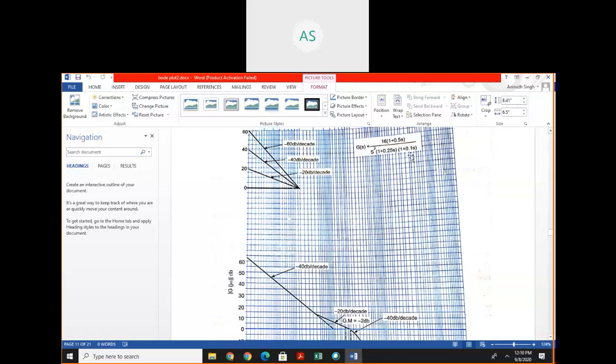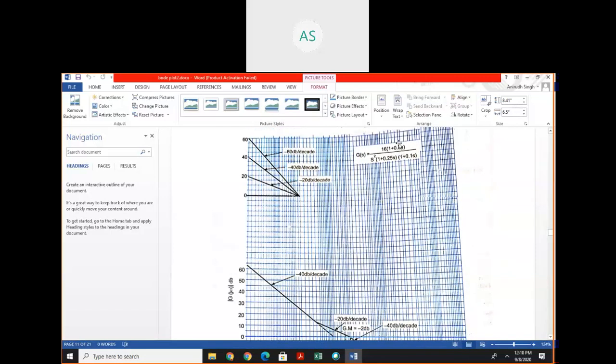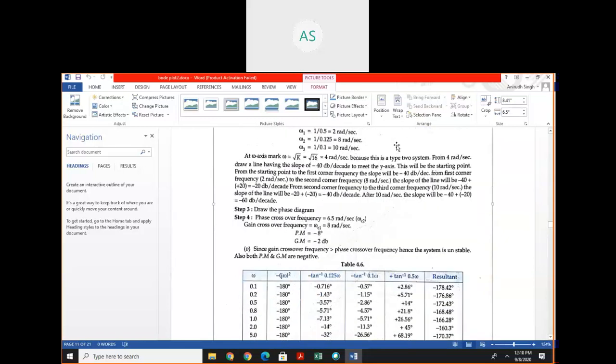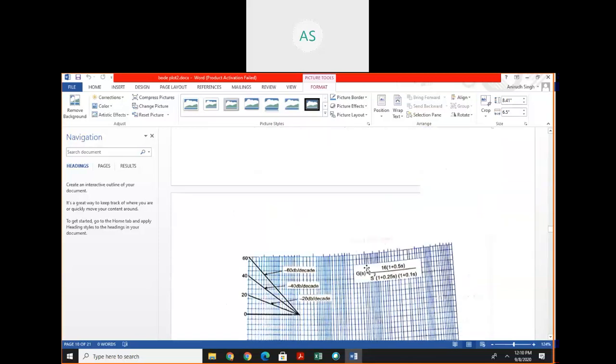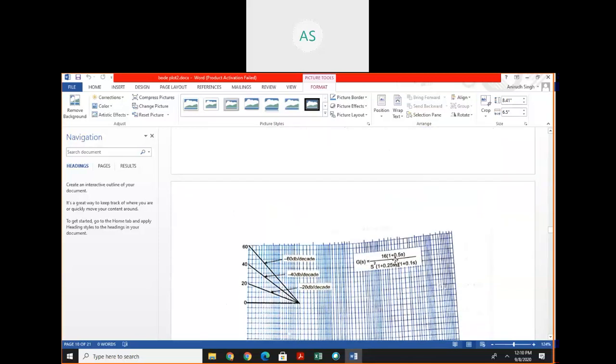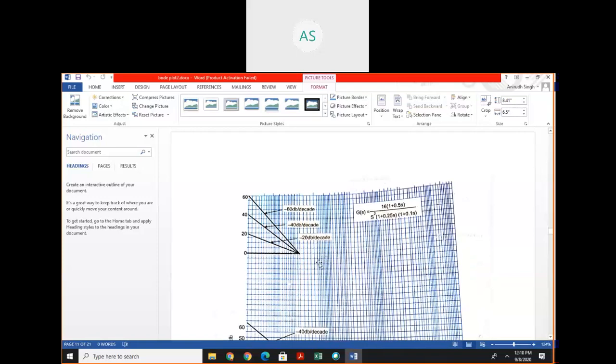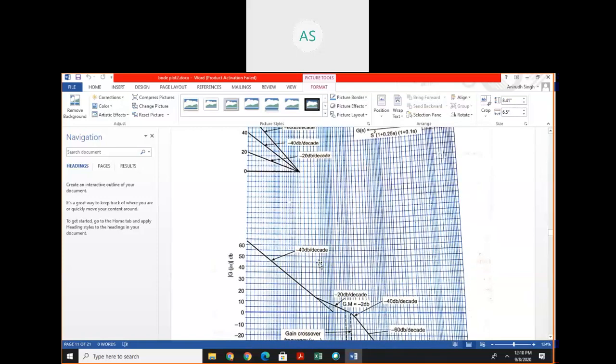Next, corner frequency. First corner frequency is 2 radians per second, and this is for this zero. At this corner frequency, this zero is activated. For a zero, we know that there is plus 20 dB per decade slope.